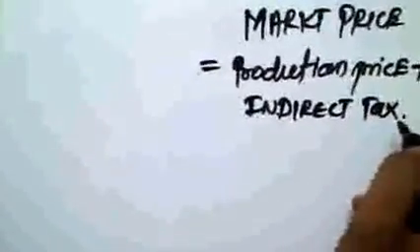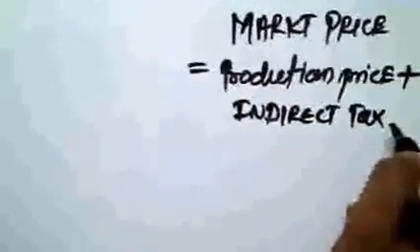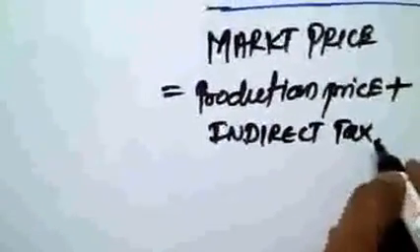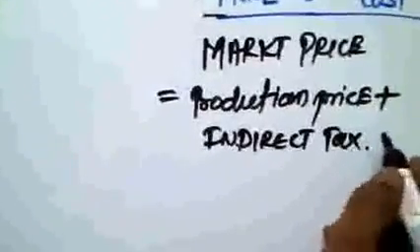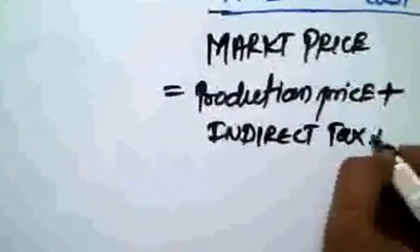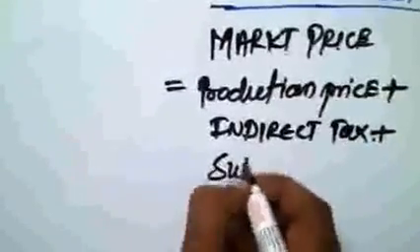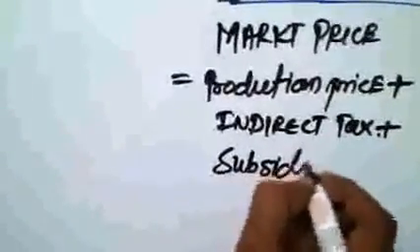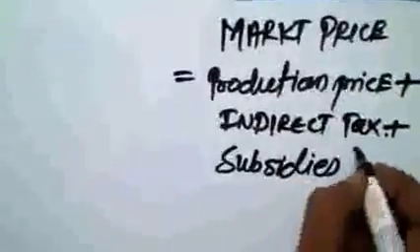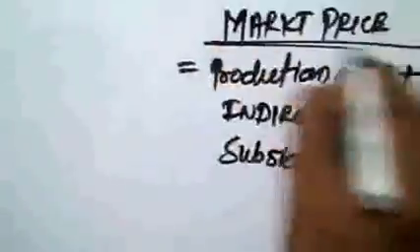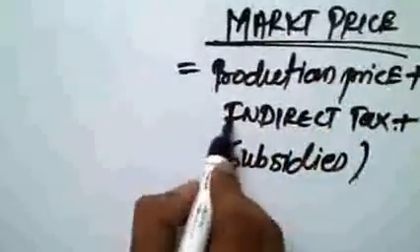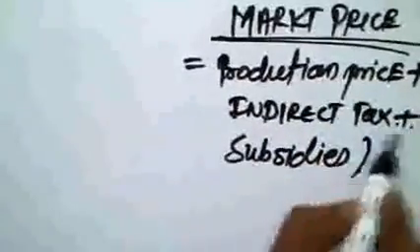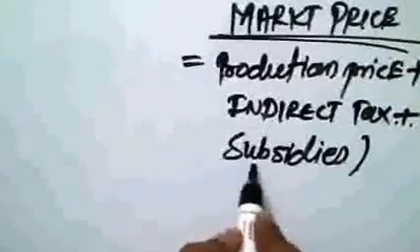In some cases, the government also provides subsidies for the producer to produce some kind of goods. In that case, we have to add subsidies also here. So the market price is equal to production price plus indirect tax added to it and plus subsidies provided by the government.